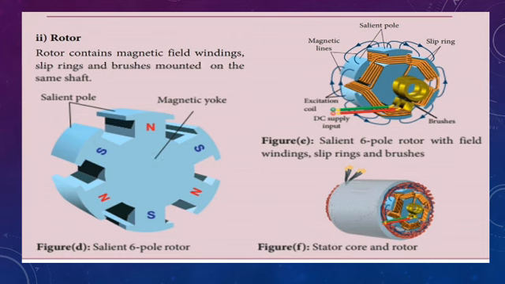Each pole is surrounded by a coil, that's why it is called magnetic field winding. See the gaps and the yoke; the coils are mounted on these poles. The end of the coil is connected to the slip rings, and from there we take the output.